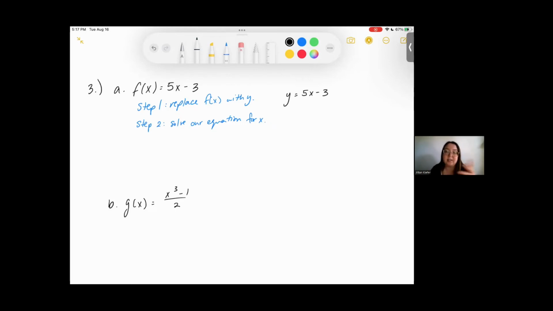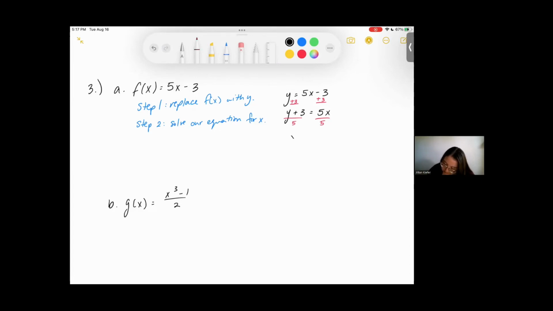So the first and easiest thing that we can do in this case is add 3 to both sides. So we would get y plus 3 is equal to 5x. Now remember, we're solving for x, we want x by itself. So we can divide each side here by 5. Now we're dividing by 5.